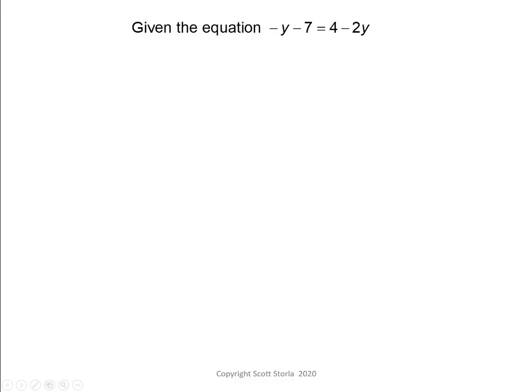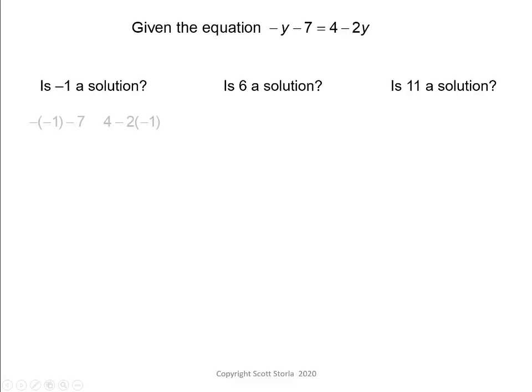Here's a few more. Say this is our equation. See if any of these are a solution. Starting with -1 and making sure all my sign issues are correct. Notice how important all the work we've been doing up till now in Chapter 1 is to being able to simplify both the left and the right side.